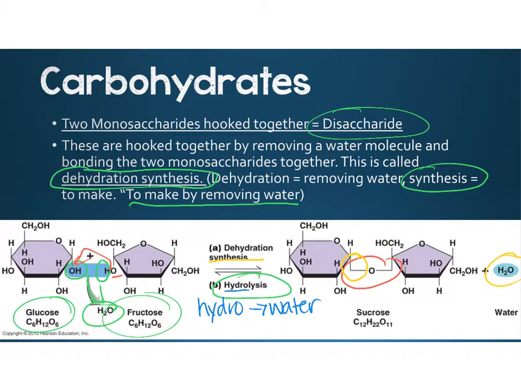And in science, the word lysis means to burst. If we say that a cell has undergone lysis, we mean the cell has literally burst. So when you add that together, it's the process of bursting with water.